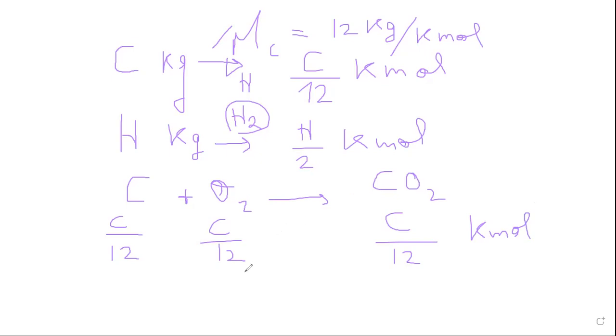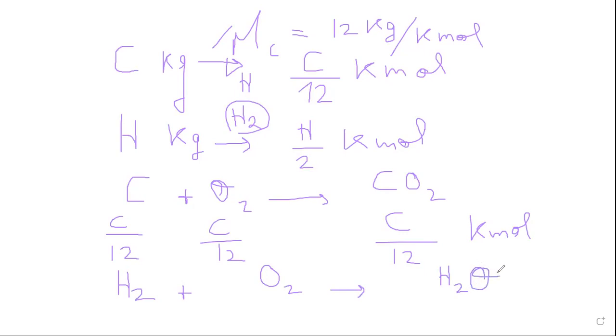And now, for H2, the equation is the following. When H2 and O2 do reaction together, they will form H2O. But of course, we should pay attention to coefficients. We need to have the number of atoms of H on both sides equal, the same for oxygen.